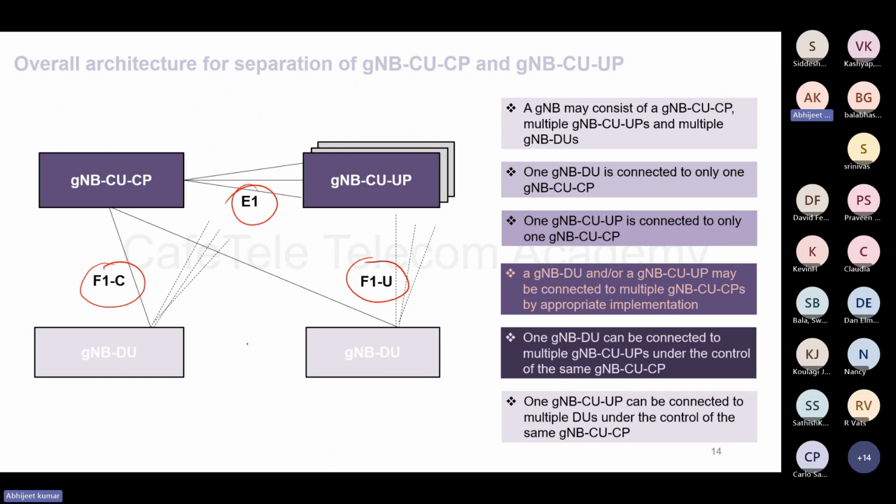So here they mainly manage SRB 0, SRB 1, SRB 2 like this. F1U, you can say, is between the G-Node B CU-UP and the DU. It is only used for data purposes.